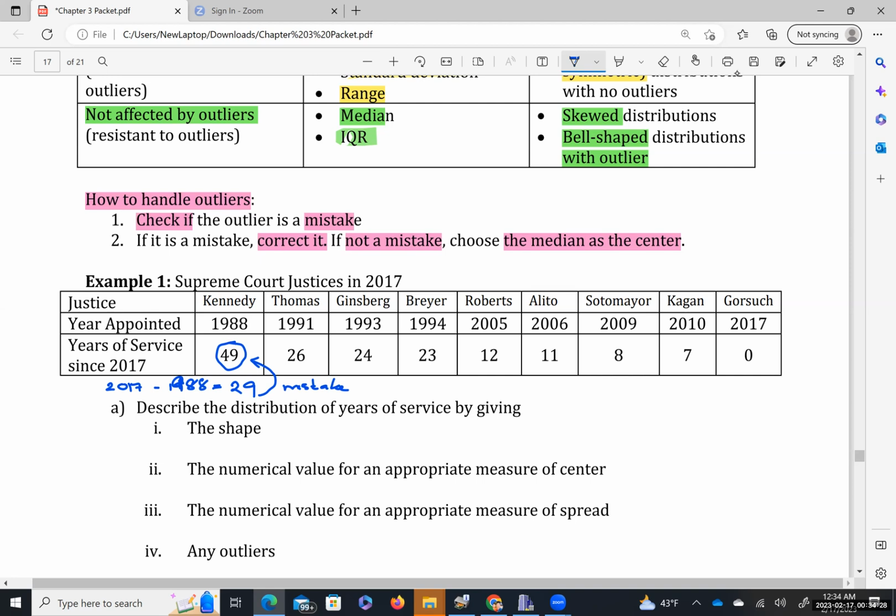So let's describe the distribution of years of service by giving the shape. The shape will be skewed, right?